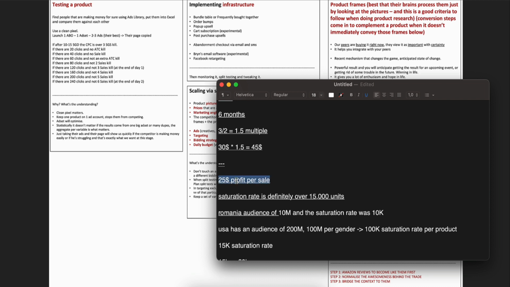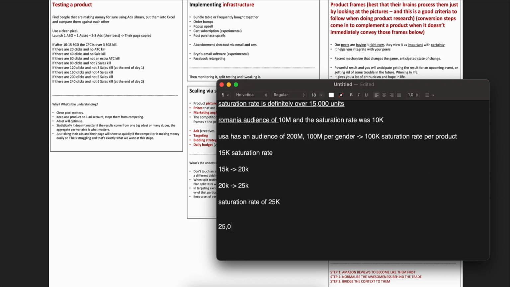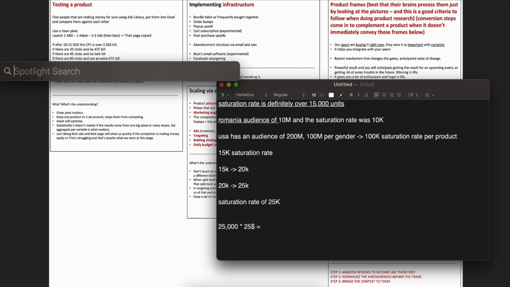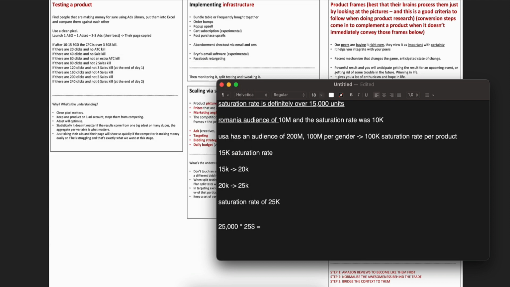input where it results in $25 per sale, now we have 25,000 orders multiplied by $25 per sale. So now we're looking at $625,000 in pure profit.